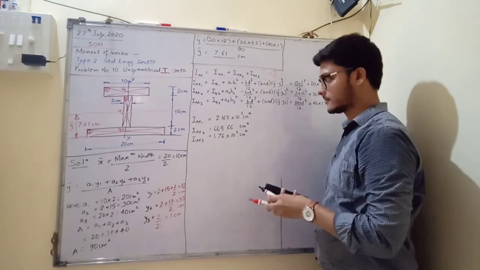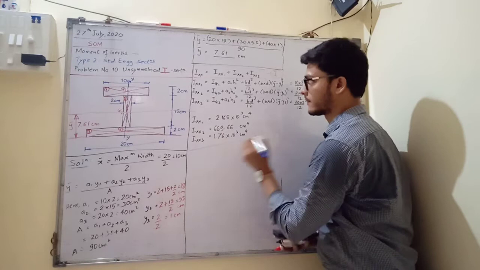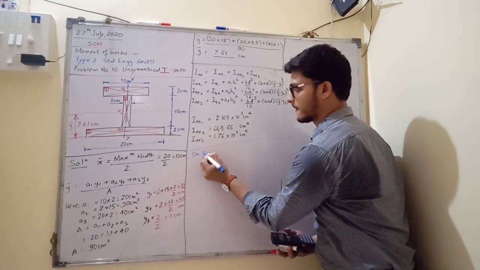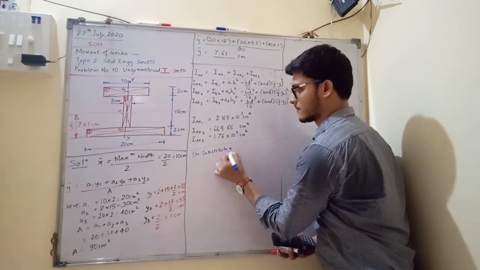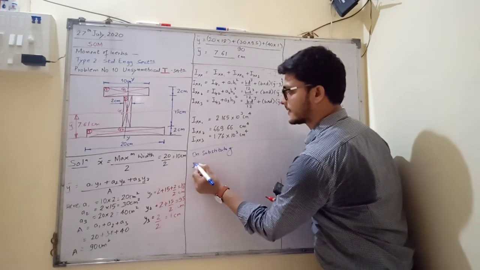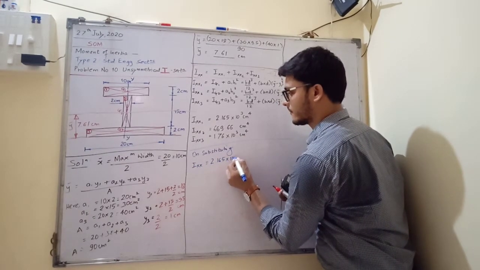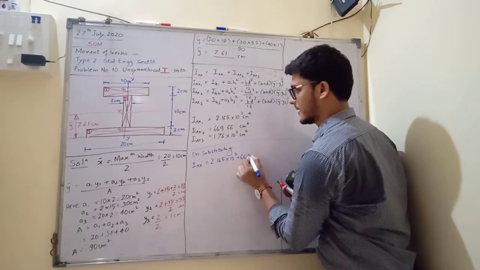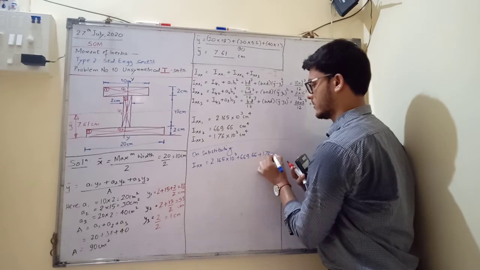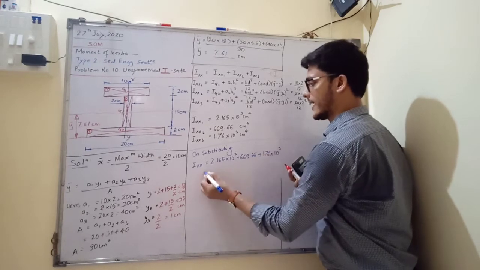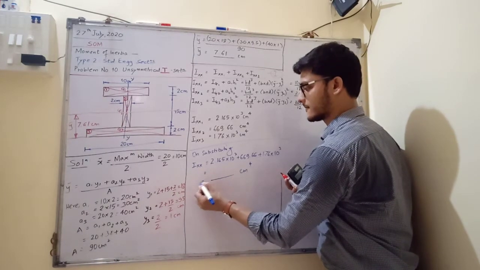On substituting in equation number 1, so final Ixx will be 2.165 into 10 raised to 3 plus 669.66 plus 1.76 into 10 raised to 3. On adding these three, we will get the final answer in centimeter raised to 4. That will be the final answer, Ixx.